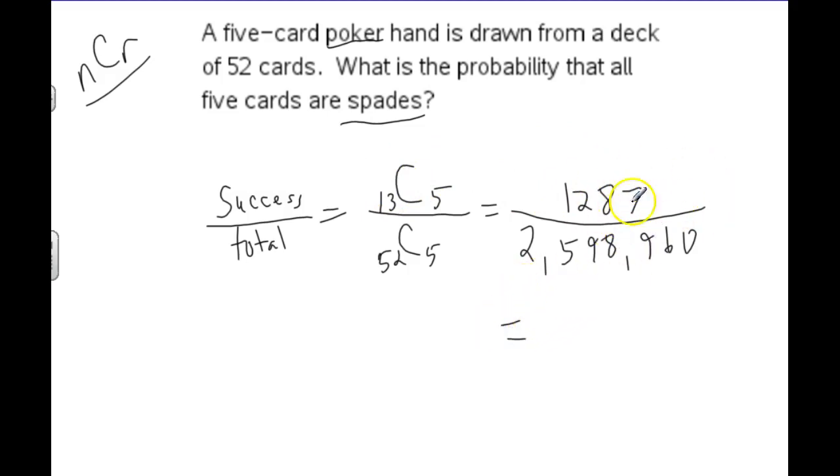I would probably prefer a decimal, which makes more sense here. When you do that in your calculator, it ends up being somewhere around 0.0003, something like that, maybe 4 digits. But a 0.03% chance, basically, or 0.04, I forget exactly what it was. Let me do it.